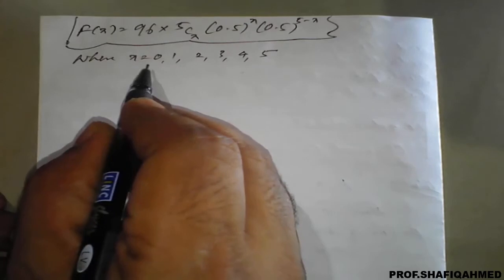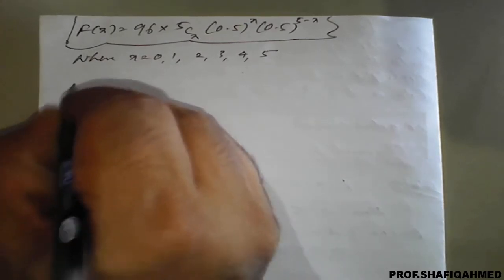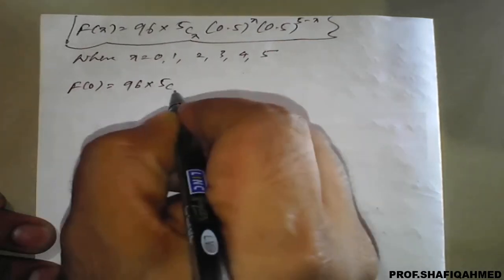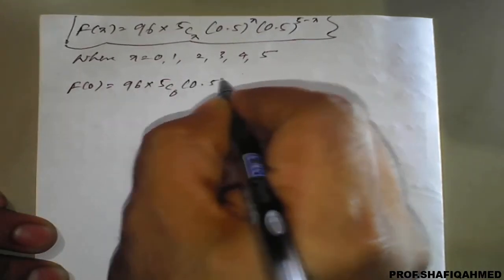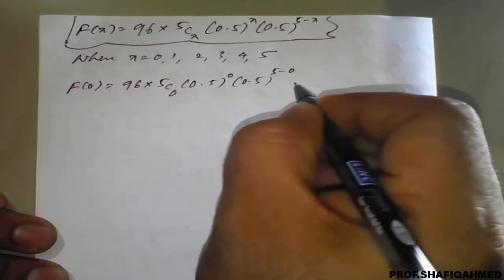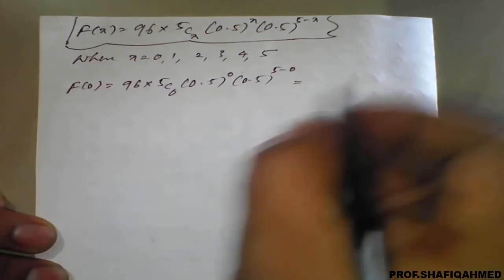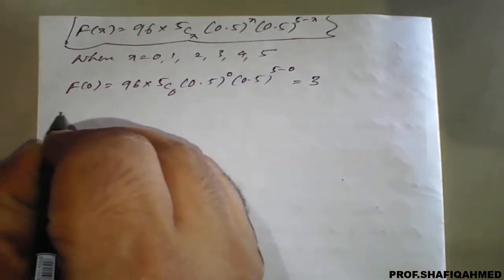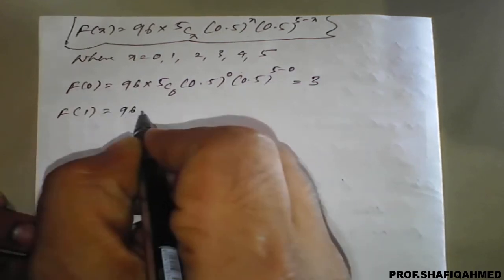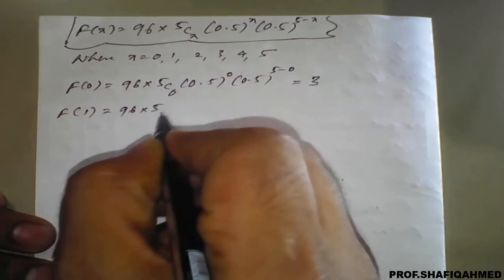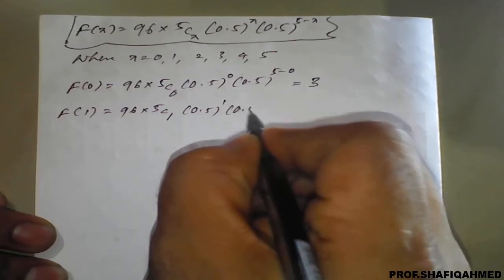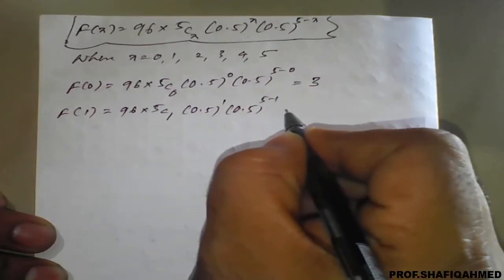Now we'll put x equal to 0. So f of 0 is equal to 96 into 5C0, 0.5 raised to 0, 0.5 raised to 5 minus 0. After simplification we will get the answer 3. Next, f of 1 is equal to 96 into 5C1, 0.5 raised to 1, 0.5 raised to 5 minus 1.